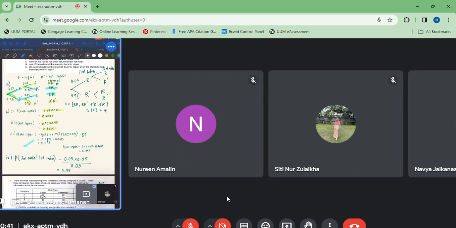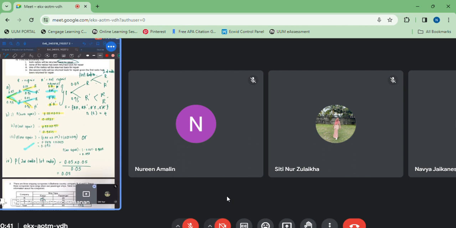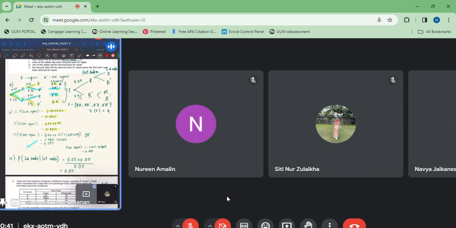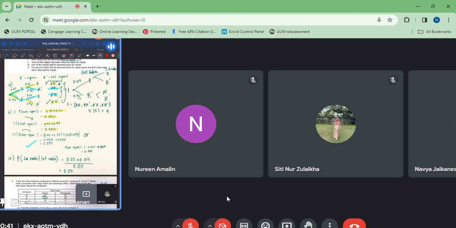Or you can do it like this. The whole thing equals 1, right? I'm telling you this method because it's much easier, because you already found both repaired and both not repaired. So what's the balance? One is repaired and one is not. So you just do 1 minus this outcome minus this outcome, and you will get this outcome. So this question is settled.